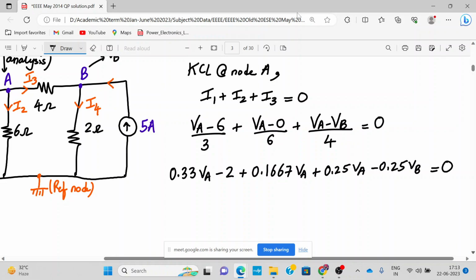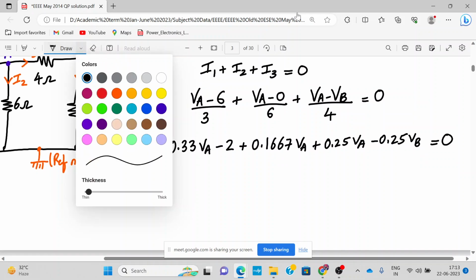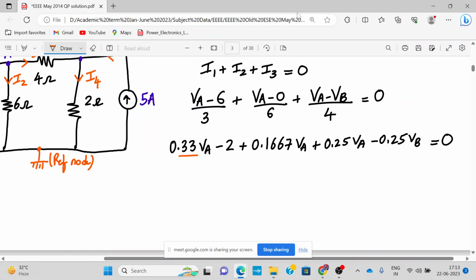So far so good. Now add all the VA terms together. So what do we get? If you add them together, 0.75 VA minus 0.25 VB is equal to 2. Let's call it equation number 1. I'll wait for half a minute.